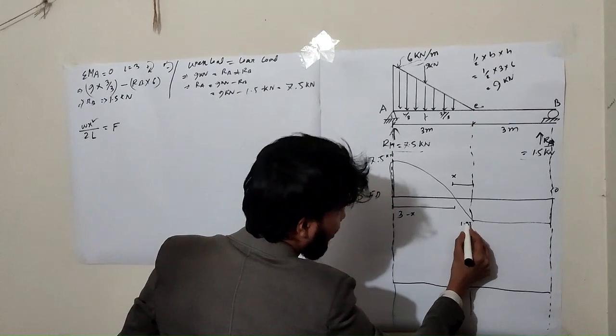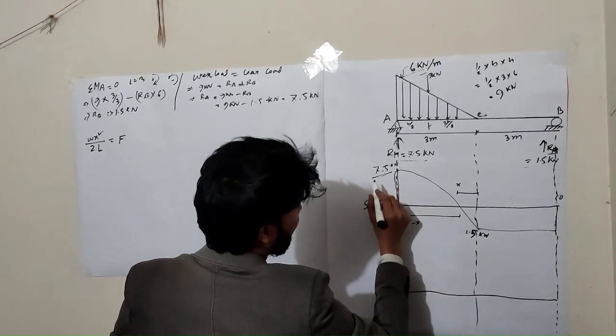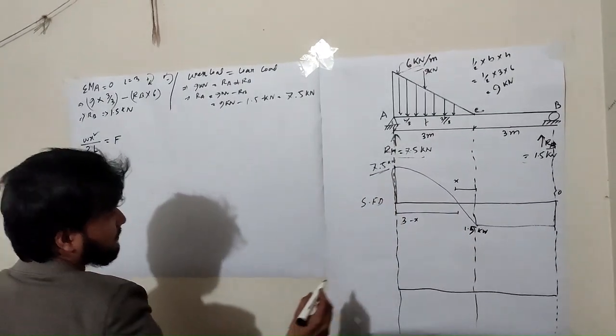Here the smaller load is 1.5 kilonewton. We don't need 7.5, we need the smaller load 1.5 kilonewton.